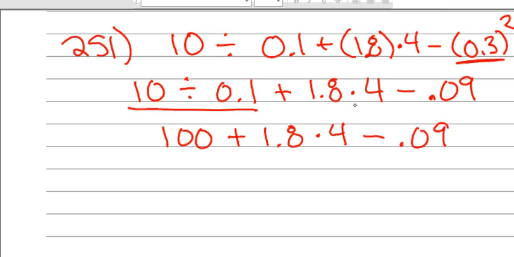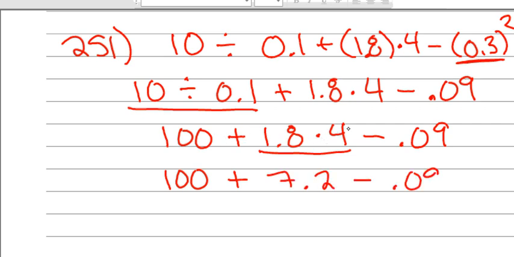And I'm just bringing everything else down. Okay, and next, I'm going to multiply, bringing that 100 down, 1.8 times 4. And I'm getting 7.2. And then I'm going to bring the 0.09 down.